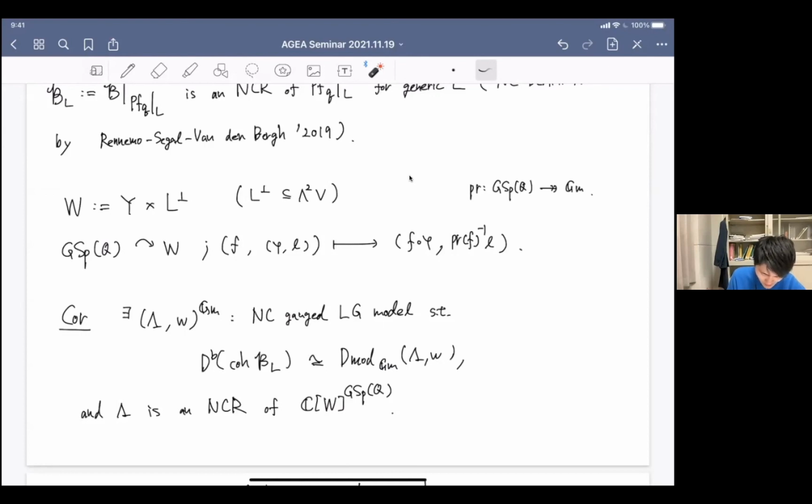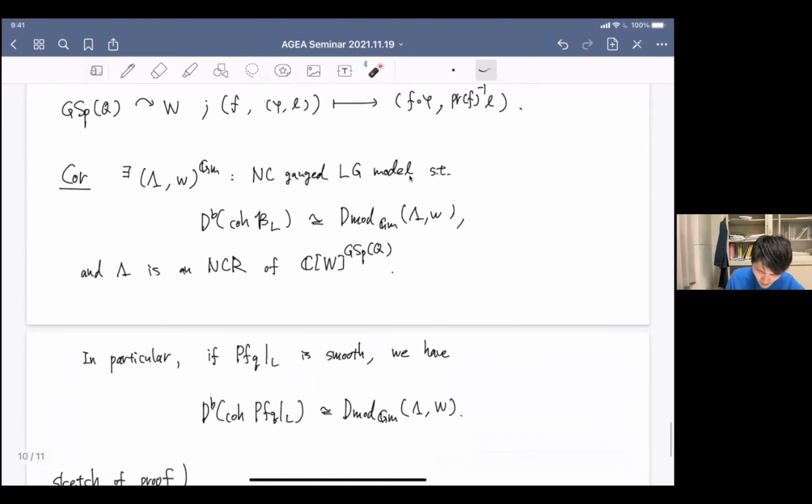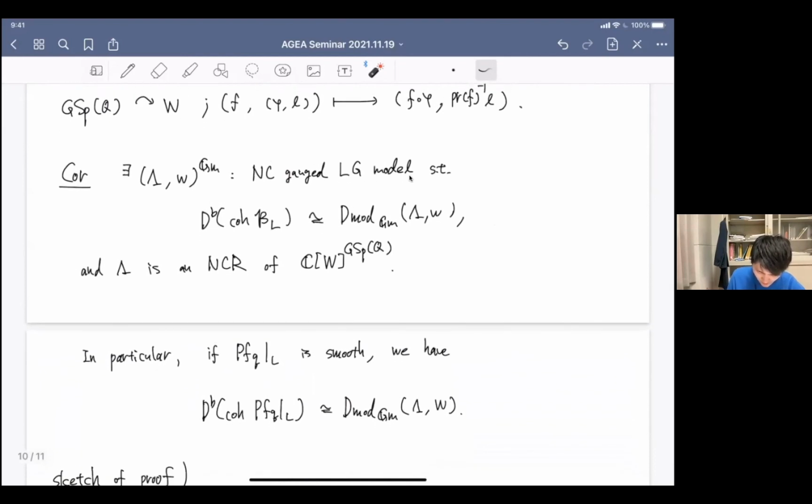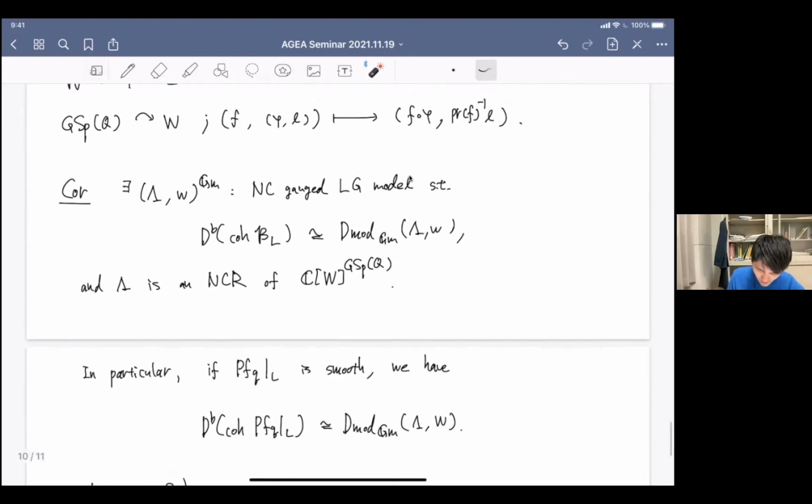And the ring Lambda is a non-commutative resolution of the affine quotient of W by GSp(Q). In particular, if the linear section is smooth, this category is equivalent to the usual derived category of coherent sheaves. So we get this equivalence.